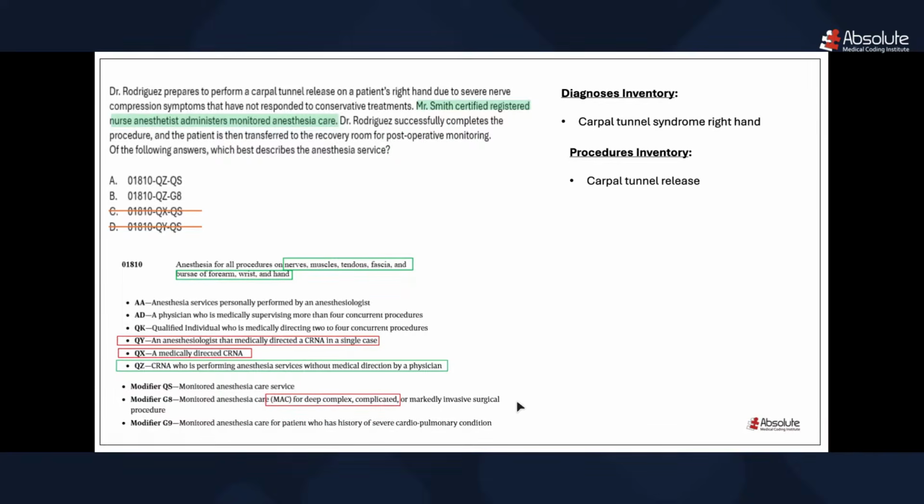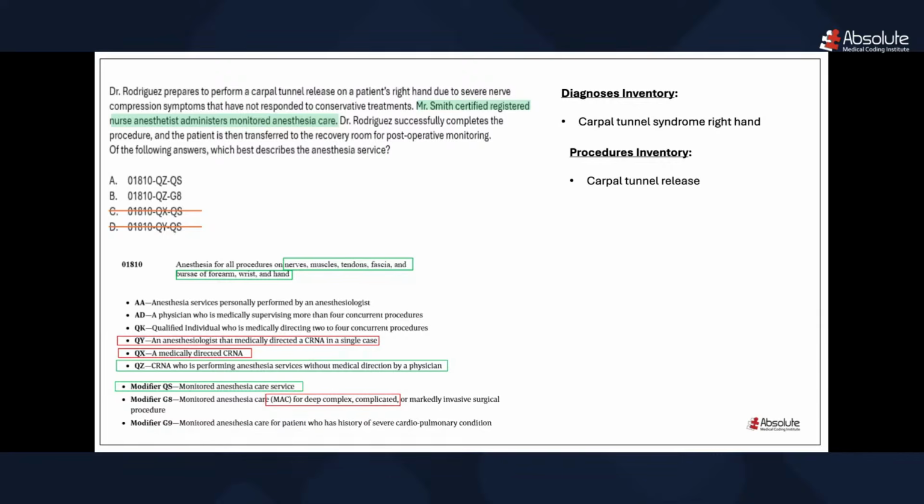Now option A and option B only differ in terms of the modifiers QS and G8. G8 is for monitored anesthesia care for deep, complex, complicated, or markedly invasive surgical procedures. So we had carpal tunnel syndrome and carpal tunnel release. That's not a deep, complex, or complicated procedure.